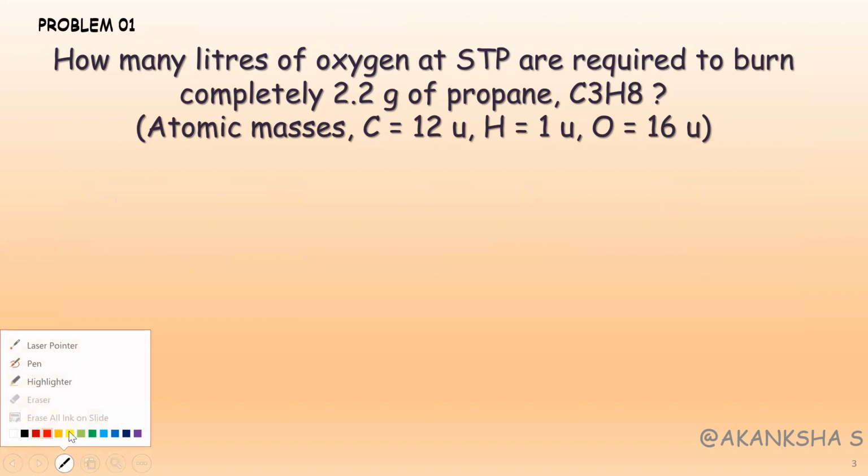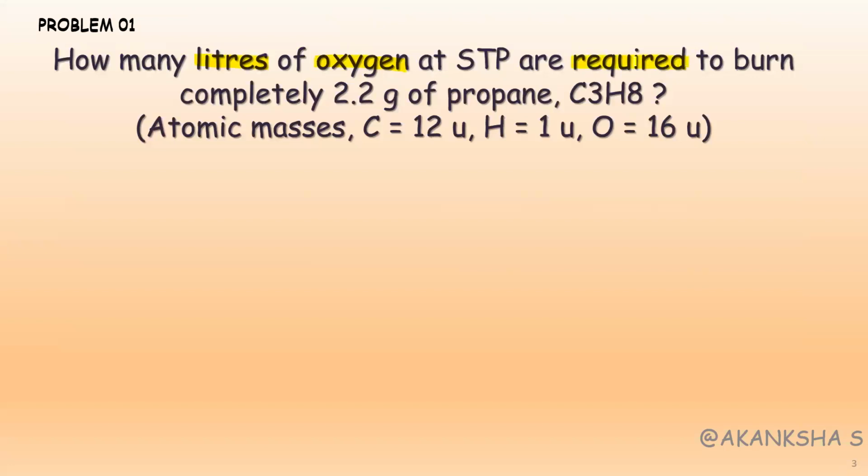As in part 1, I had already mentioned that the question itself gives you a lot of hints on what is expected and what you need to do. They are asking how many liters, that is volume, of oxygen at STP, standard temperature and pressure, are required.